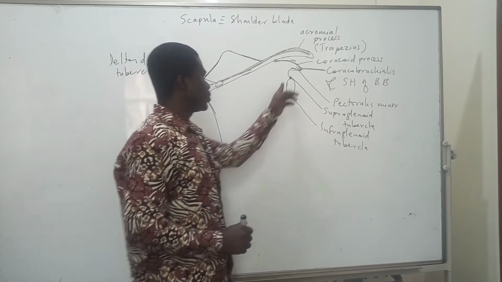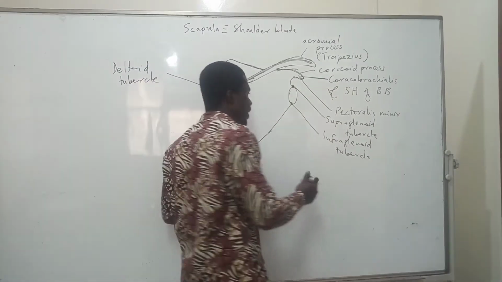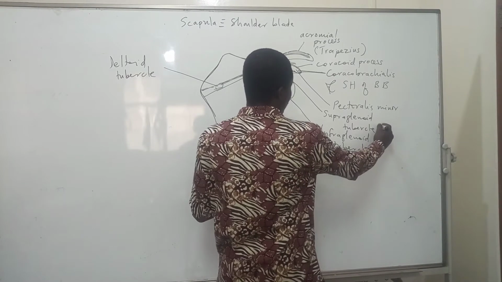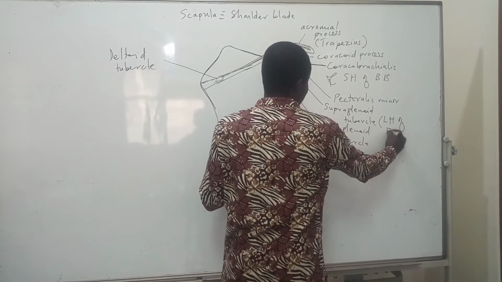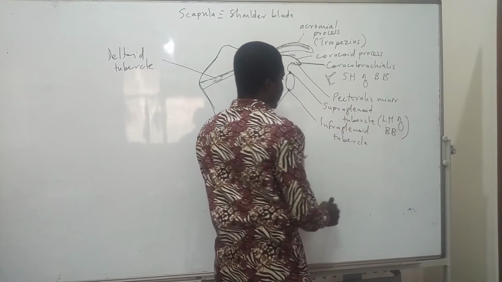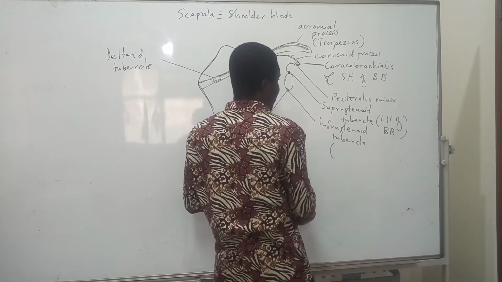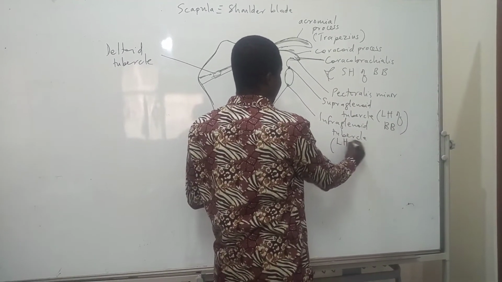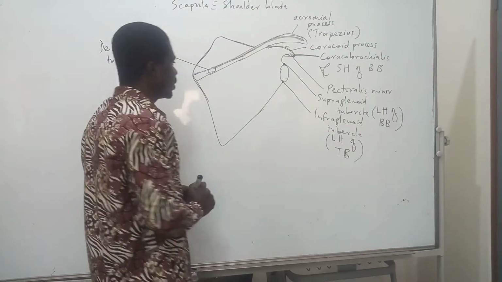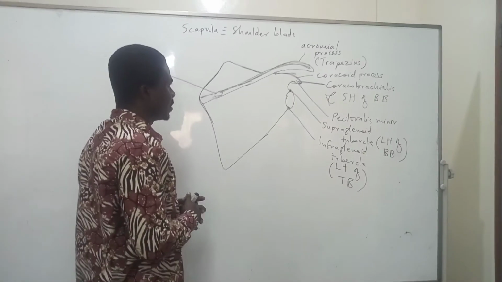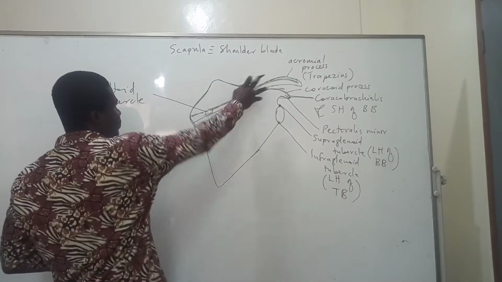The supraglenoid tubercle provides origin to the long head of biceps brachii muscle. The infraglenoid tubercle provides attachment to the long head of triceps brachii muscle. One thing that is very clear is that the spine is dividing the surface into two.